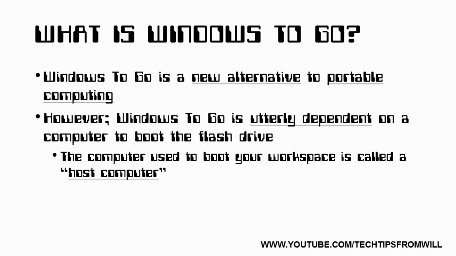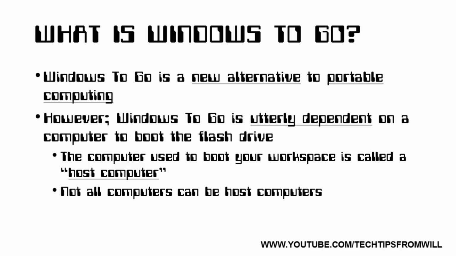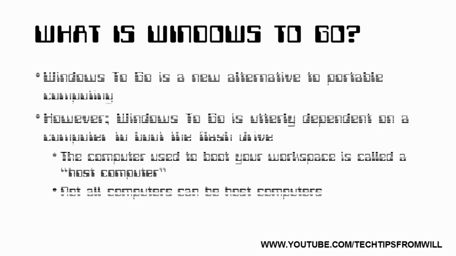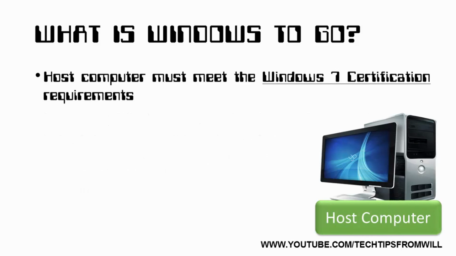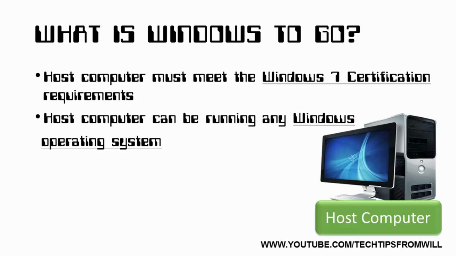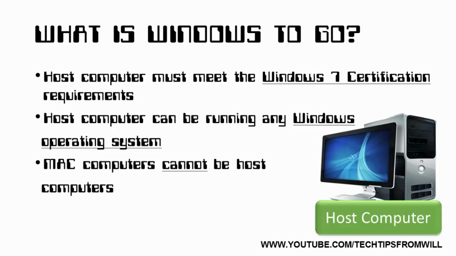However, it is worth noting at this point that not all computers can be host computers. In order to boot the Windows to Go workspace, the host computer must meet the Windows 7 certification requirements. That being said, the host computer can be running any Windows operating system. You cannot boot the workspace on a Mac computer.